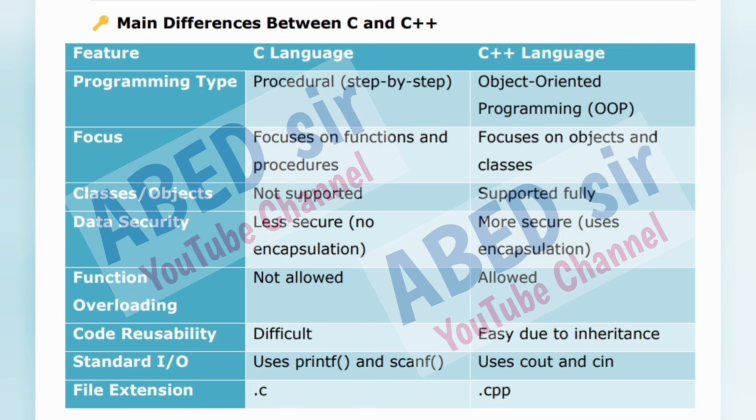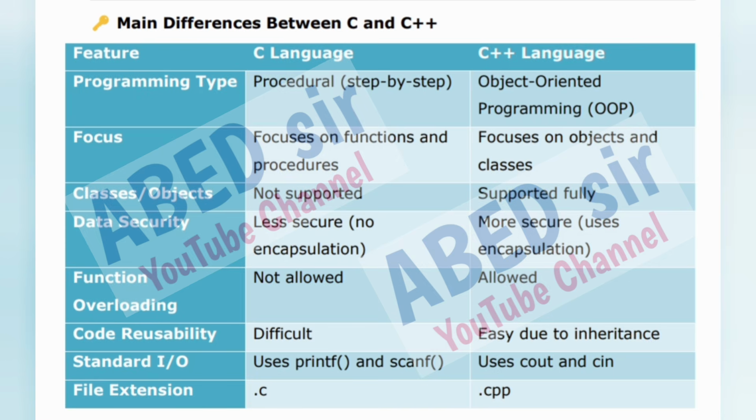Feature: C language, C++ language. Programming type: procedural, step-by-step, versus object-oriented programming, OOP. Focus: C focuses on functions and procedures, C++ focuses on objects and classes. Classes and objects: not supported fully in C. Data security: C is less secure, no encapsulation; C++ is more secure, uses encapsulation.